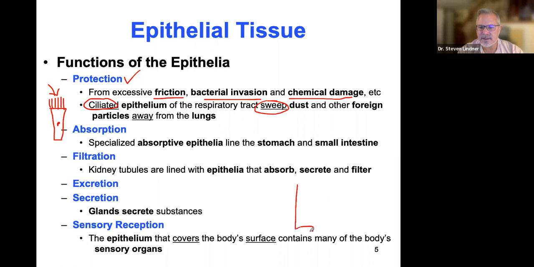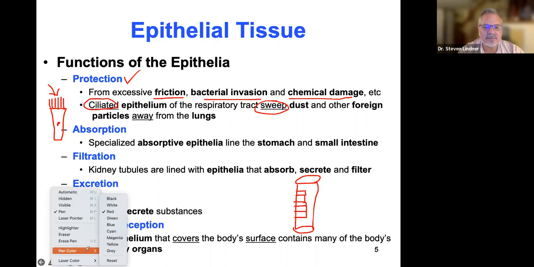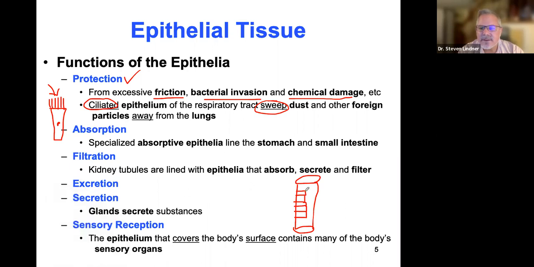Let's say here is parts of the trachea, the windpipe, and we have these cells along the side here. They look like tall columns, so we're going to call them columnar cells. And we have some on this side too. I just don't have enough room, so I'm just going to draw them on one side. And then at the very end, we're going to have these hair-like cilia this way here. These are going to be the cilia. And those cilia are going to be beating upwards rhythmically from inferior to superior.